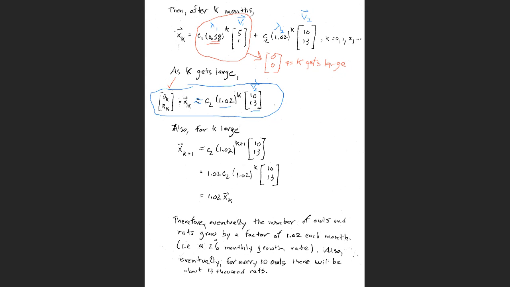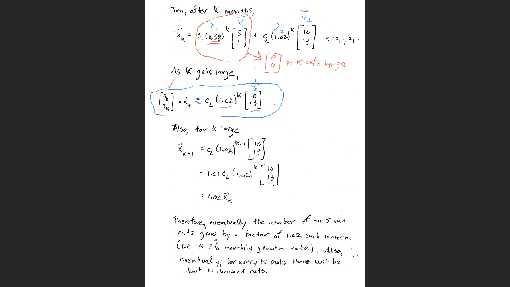That's exactly right, because when k is large, try it on your calculator. Let's pretend k is 100. Take 0.58 and raise it to the 100th power, and on my calculator I get 2.2 e negative 24. That's scientific notation, 2.2 times 10 to the negative 24th power. That's a small number.